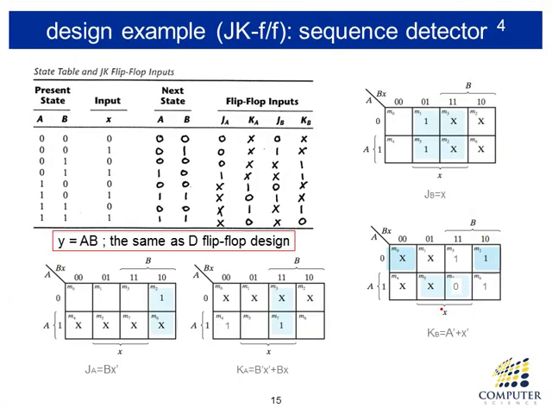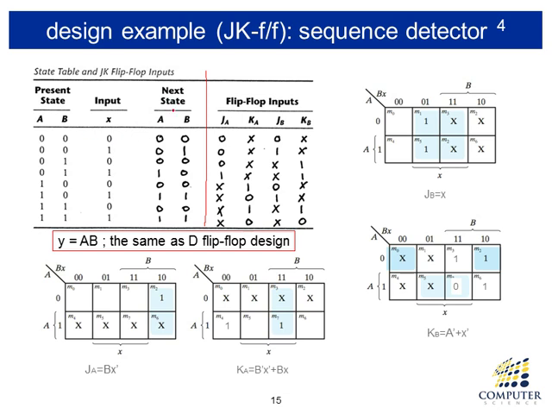But if you are going to use a JK flip-flop, we extend the state table a little bit. From the same problem, we got the state table from the state diagram, but if we are going to use a JK flip-flop for the system, then we need to extend the table for the purpose of deriving a flip-flop input equation.